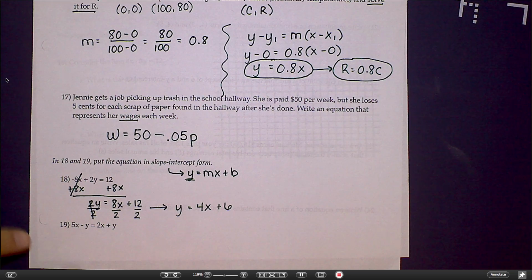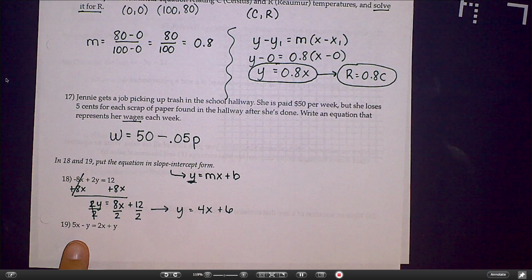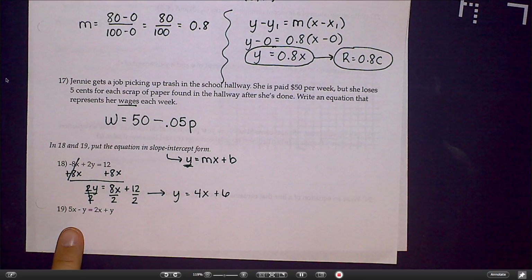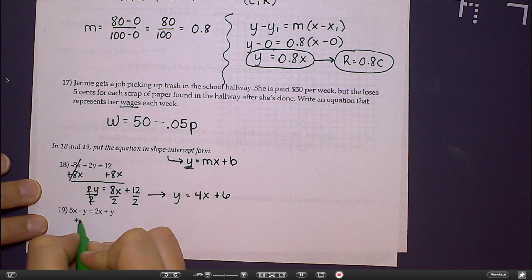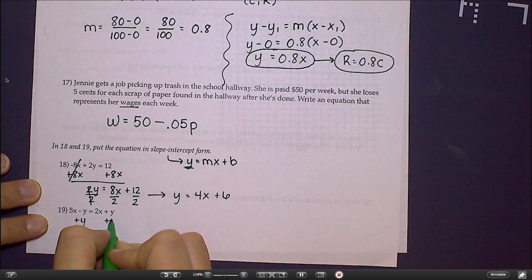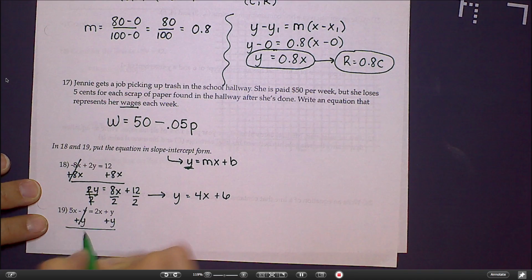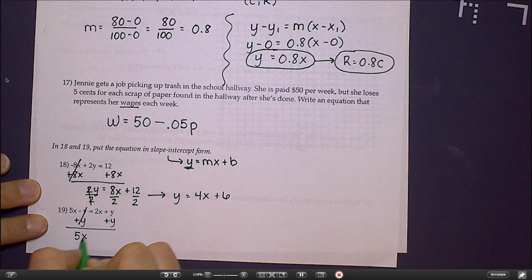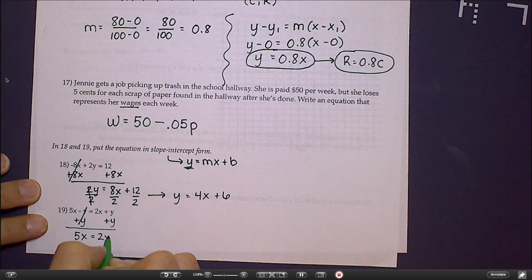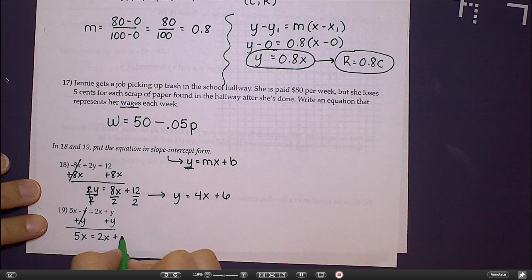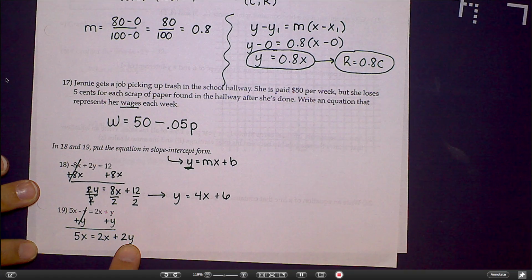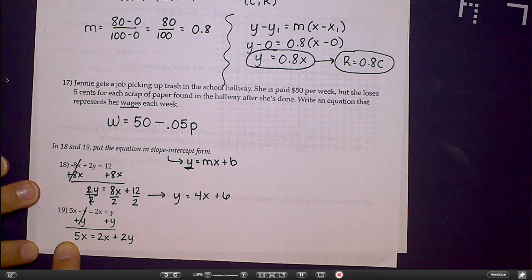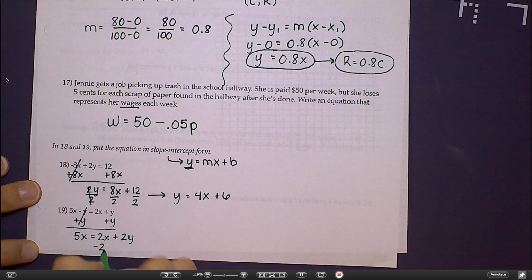Number 19. First thing I'm going to have to do with number 19 is get the y's together on one side. And it'd probably be easiest to take this y and add it. So I'm going to add a positive y to both sides. So I ended with 5x equals 2x plus y is 2y. So now I have my y's over here. I'd like to get all my x's over here. So let's subtract 2x.